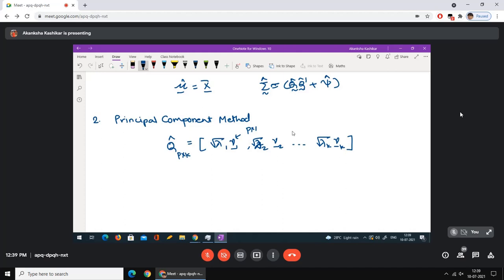Now, I am considering only k, so I am actually ignoring the k plus 1, k plus 2 up to pth eigenvalues and eigenvectors. They are there, but I am ignoring them. Of course my solution would be good if they are actually negligible. This is how we estimate Q.